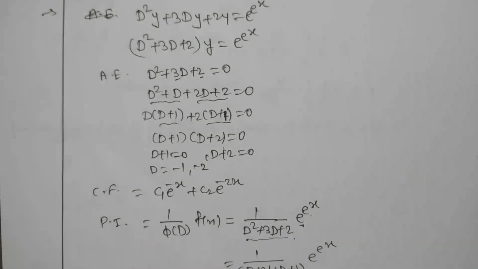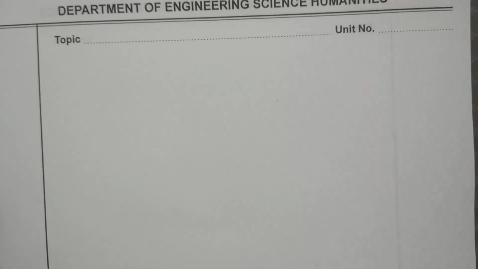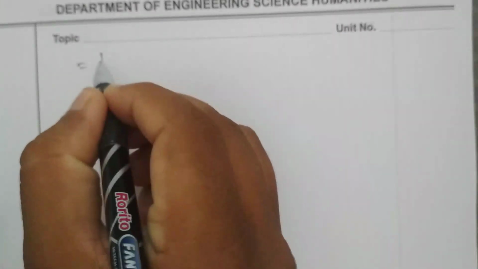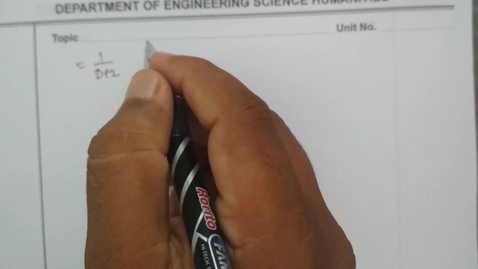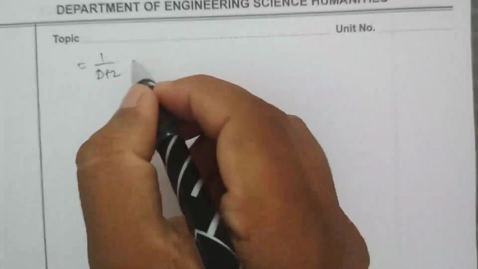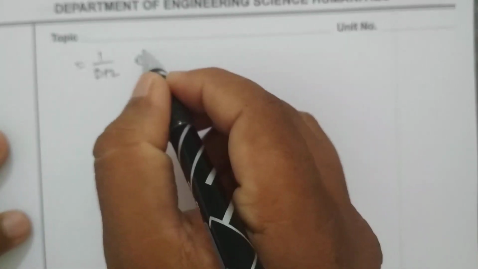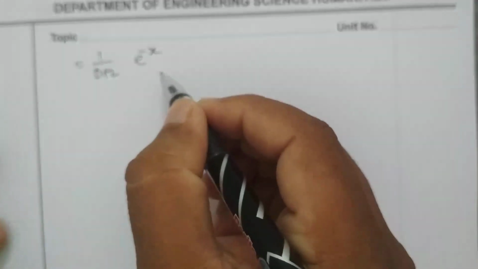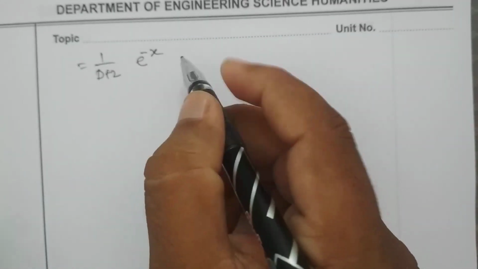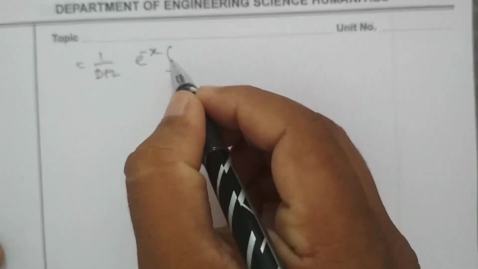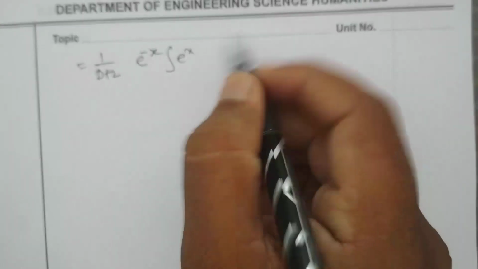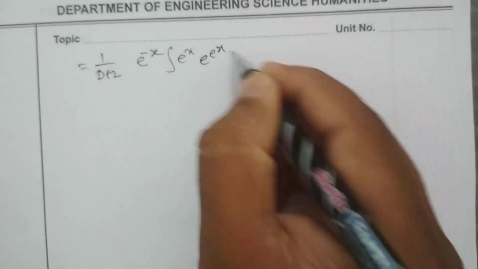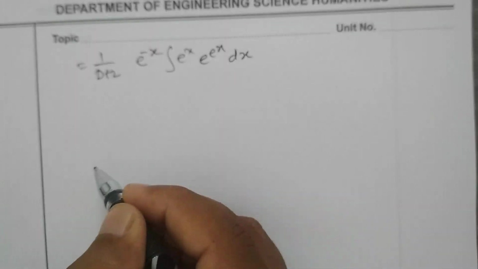So we will get 1 upon D plus 2 as it is, and using the formula for 1 upon D plus m, e raised to minus mx, so e raised to minus x, integration of e raised to mx, so e raised to x, into f of x, which is e raised to x, into dx.